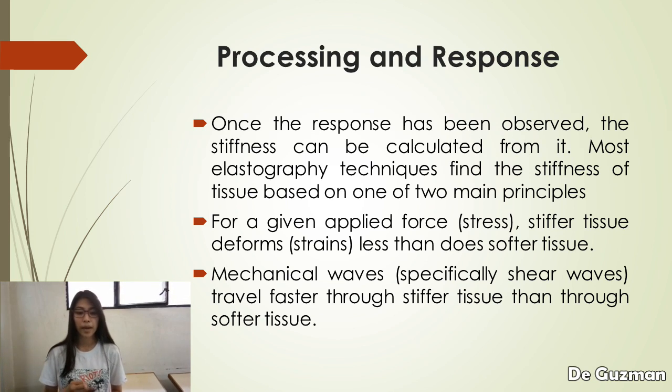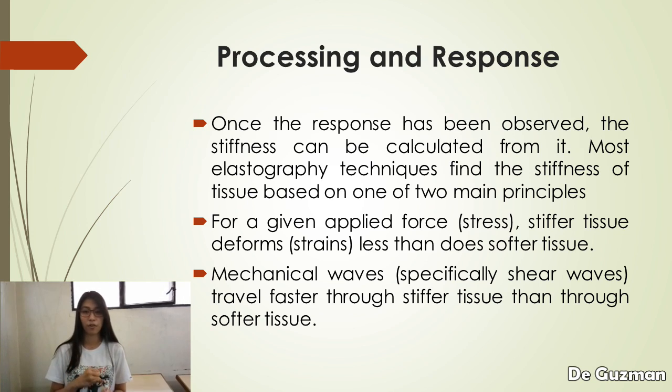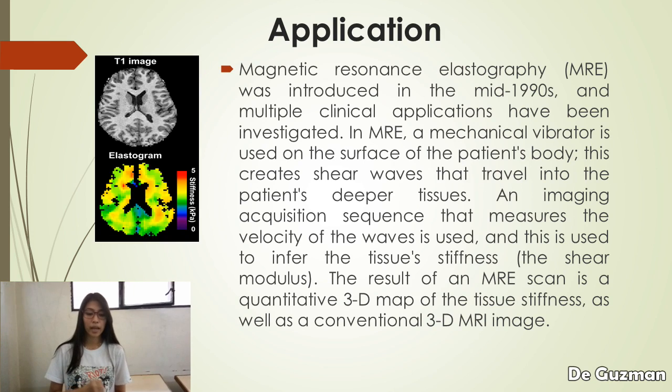And last, mechanical waves travel faster through a stiffer tissue than the softer ones. So in observing a response through image, there are 3 types. It can be a 1-dimensional or a line, a 2-dimensional or a plane, and a 3-dimensional or a volume.